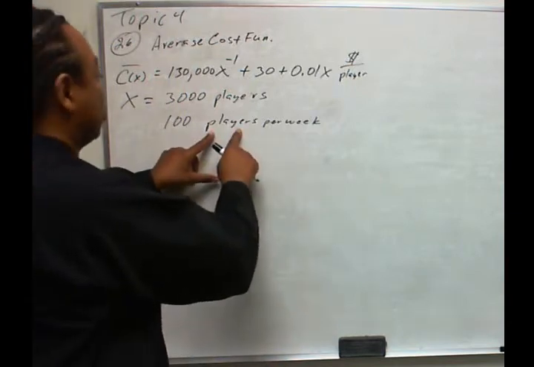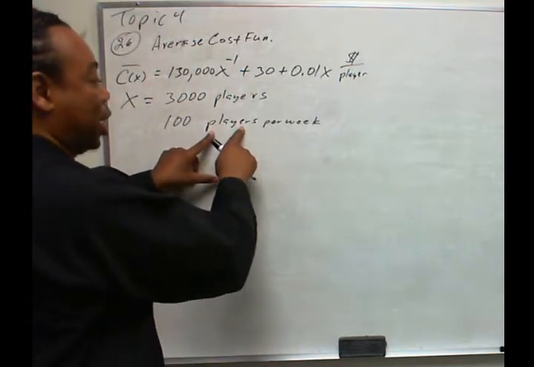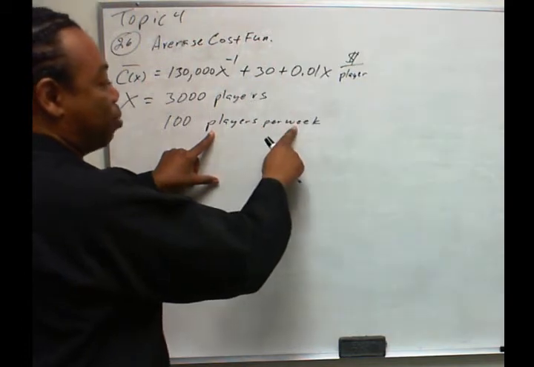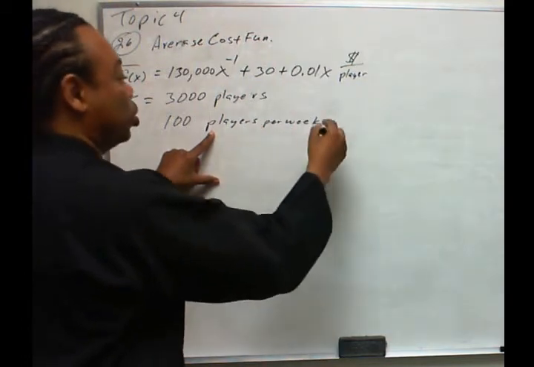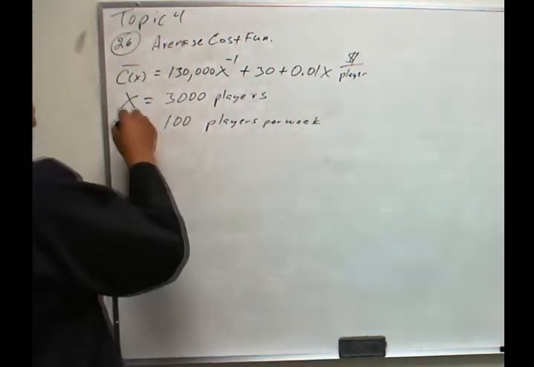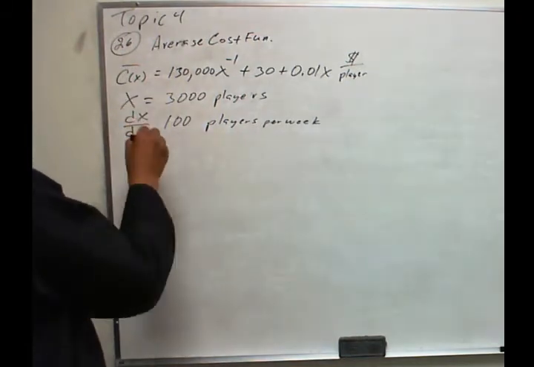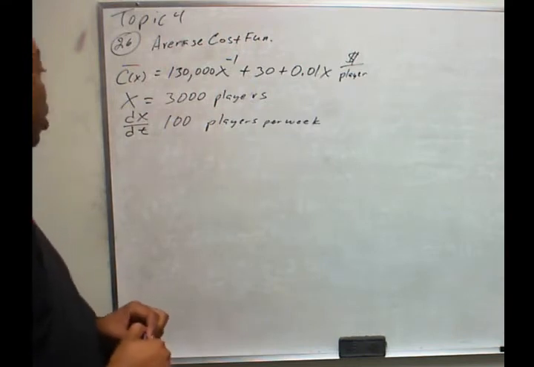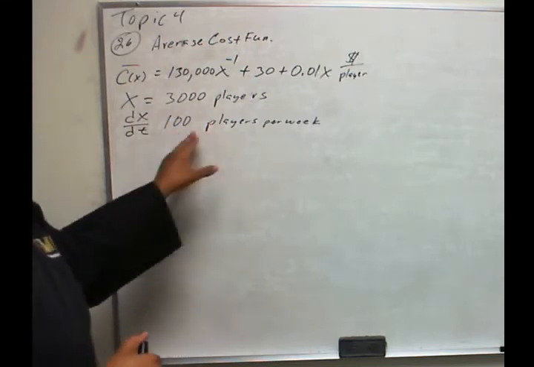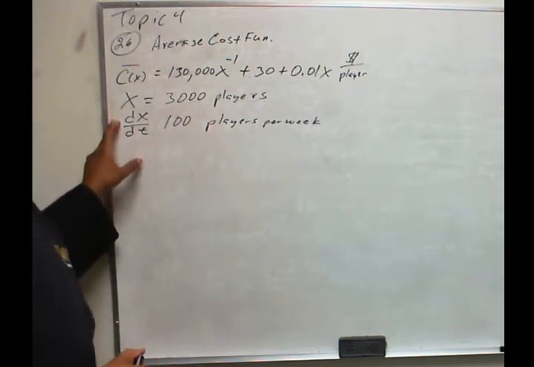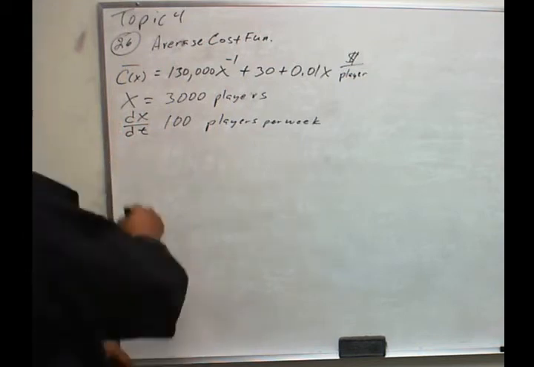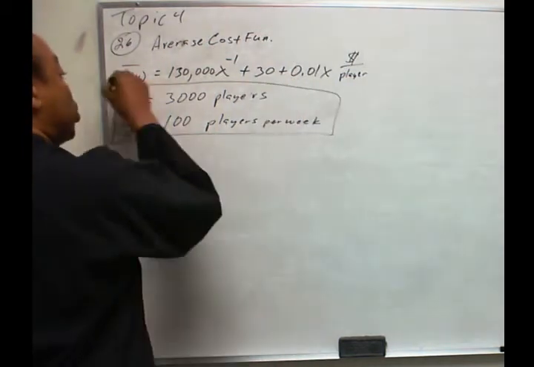The players, which is basically the x, and per week is a time measurement. So this is really a change of the players per change of the time. So this rate can be represented by dx over dt. So it's very important to figure out how these are labeled.